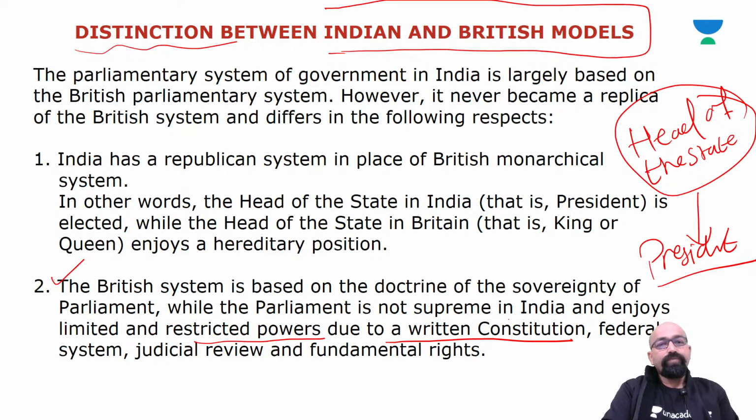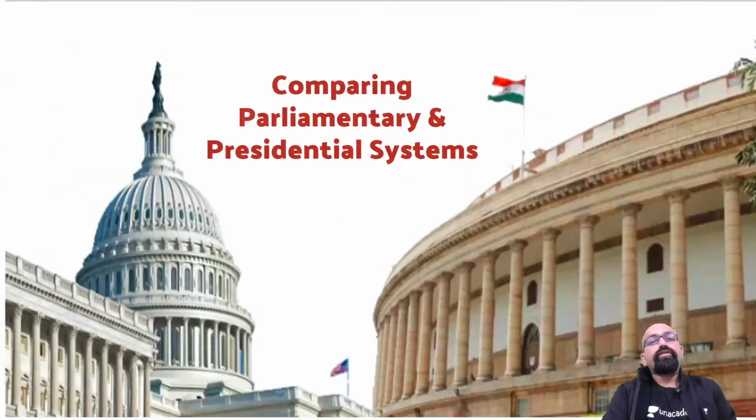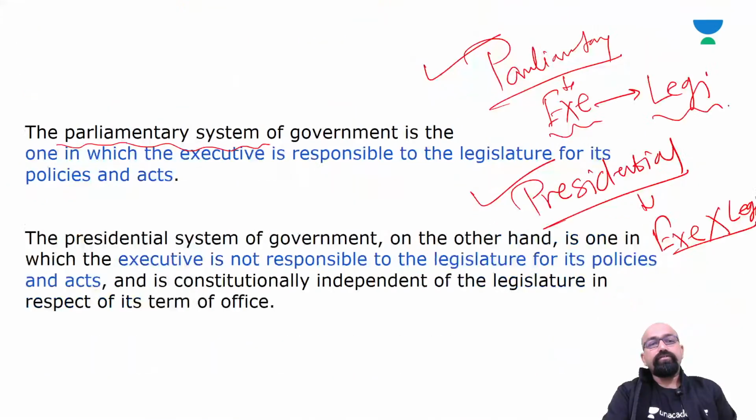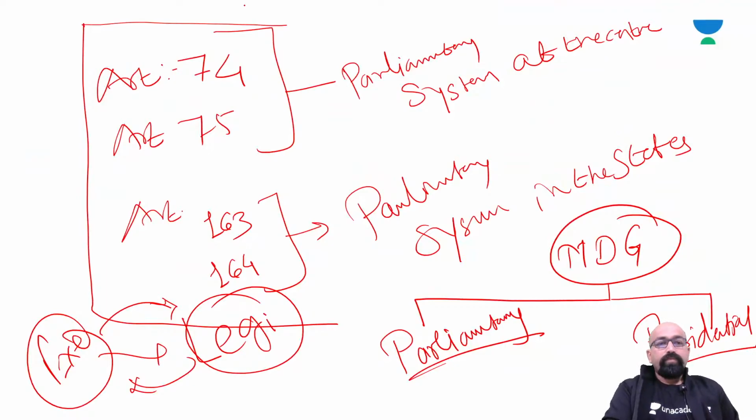Now we'll take just a recap of today's lecture, where we started with the parliamentary system at the center and the state, that is Article 74 and Article 75 deal with the parliamentary system at the center, and Article 163 and 164 deal with the parliamentary system in the states.